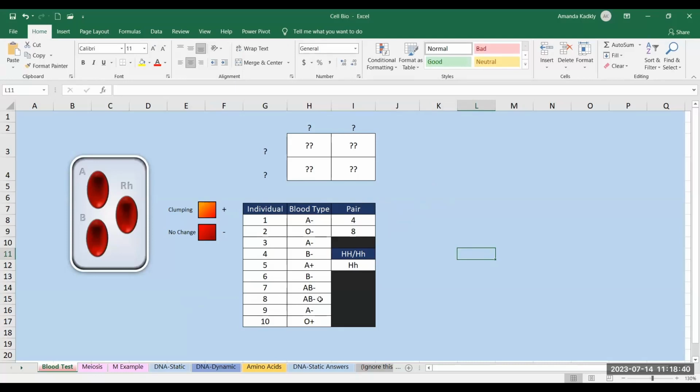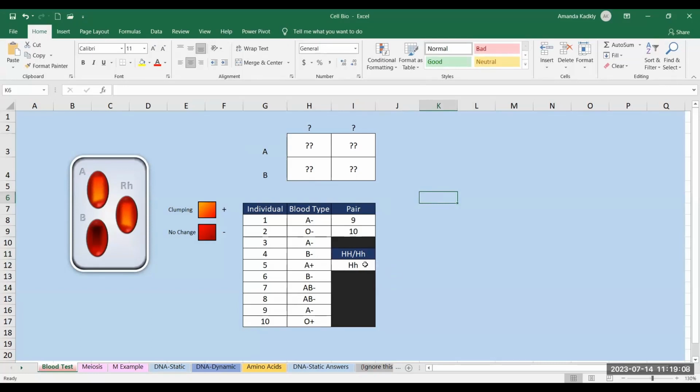So we know individual 8 has type AB negative, so we know both alleles are A and B. That's the only option with that blood type. But with individual 4, who is B negative, we don't necessarily know whether the B allele is homozygous dominant or heterozygous.